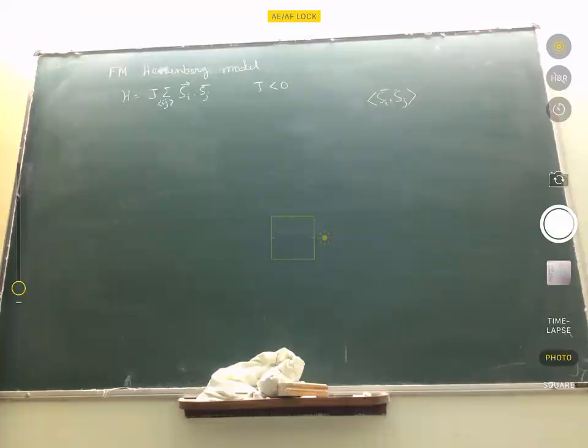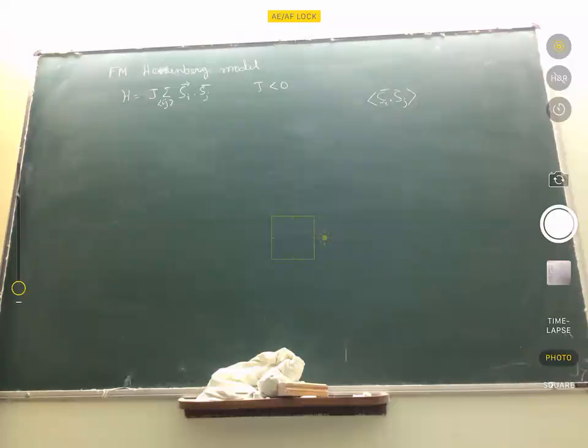In many systems it would just die out exponentially with the distance. In some other unusual situations, you can have a power law correlation, and so on. But anyway, long range order is when S_i dot S_j is finite, even when i and j are far apart.